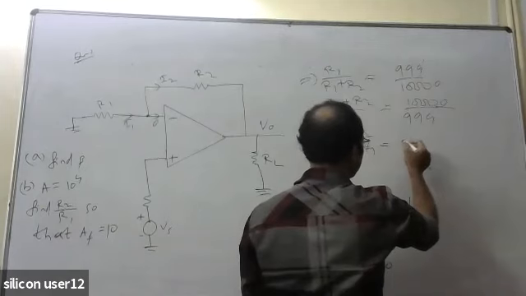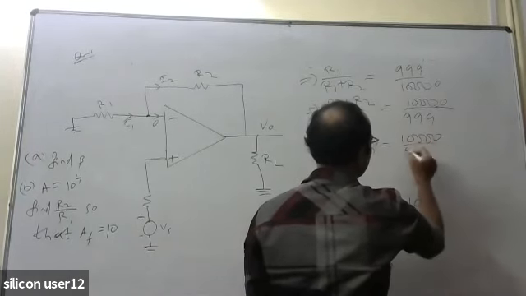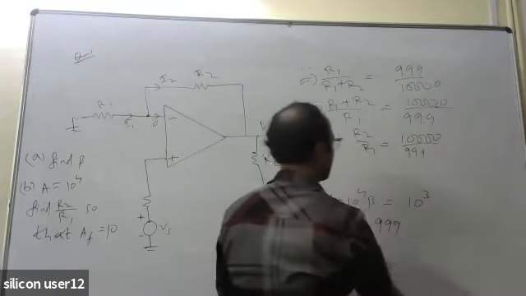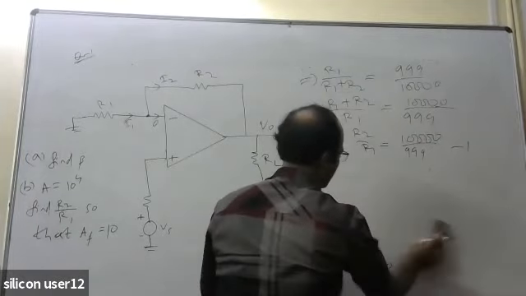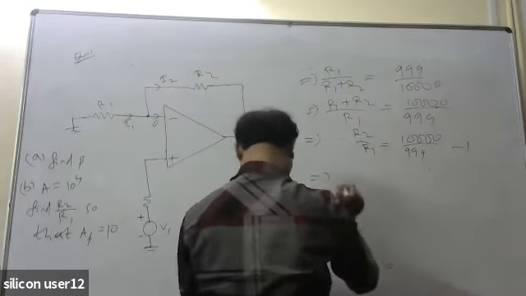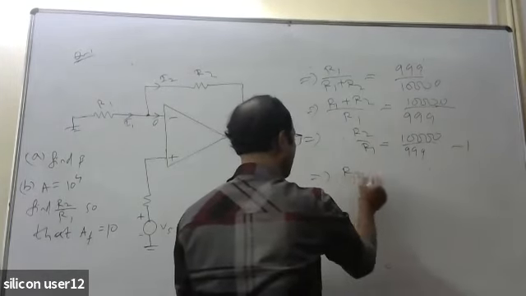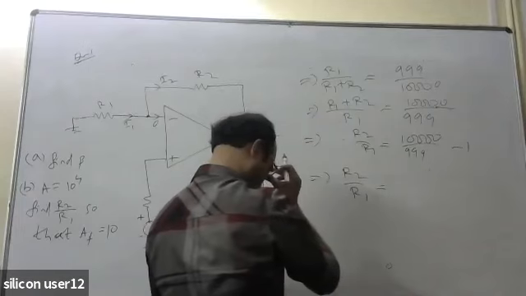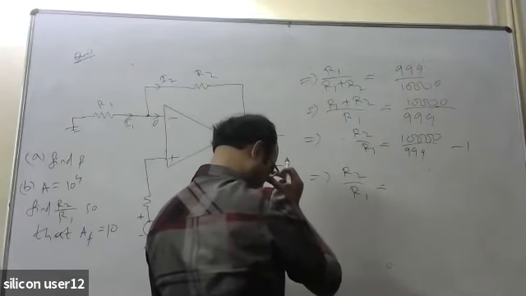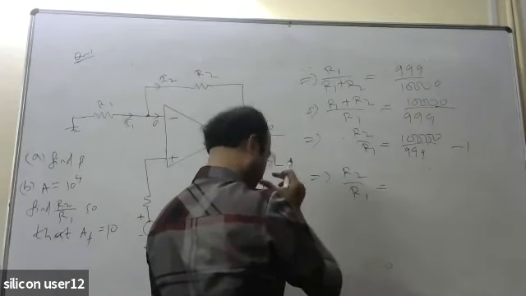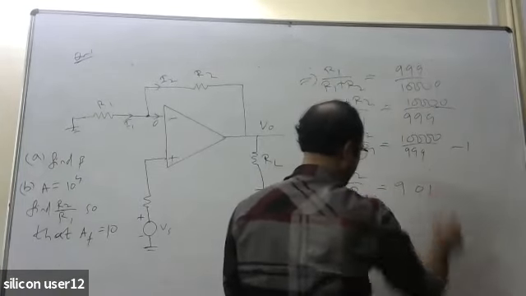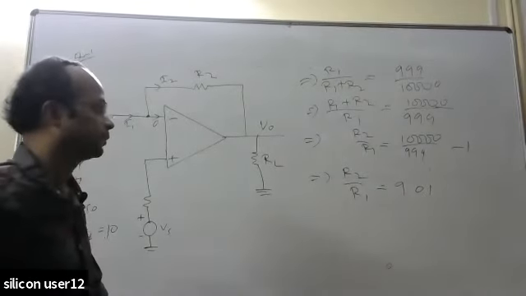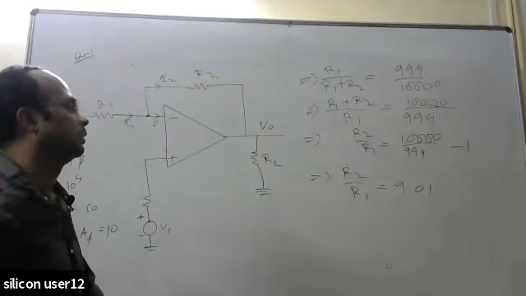So take 1 to the right side, and this is your R2 by R1. 10 to the power 4 by 999, so when you calculate it, it will come as 9.01. You can calculate it. Yes, it will be 9.01.